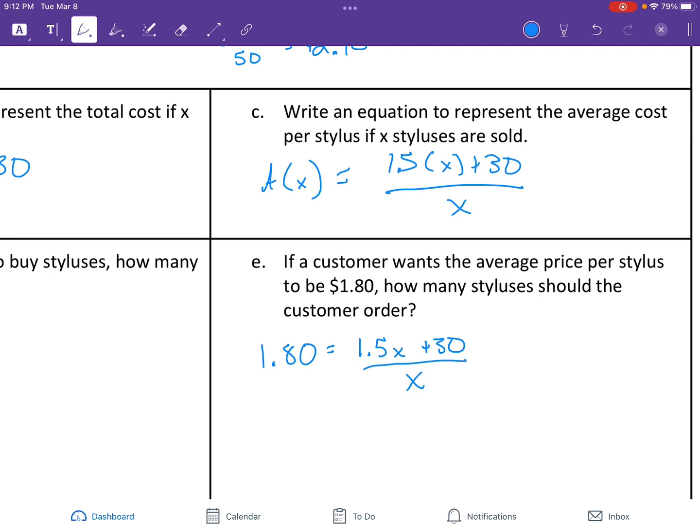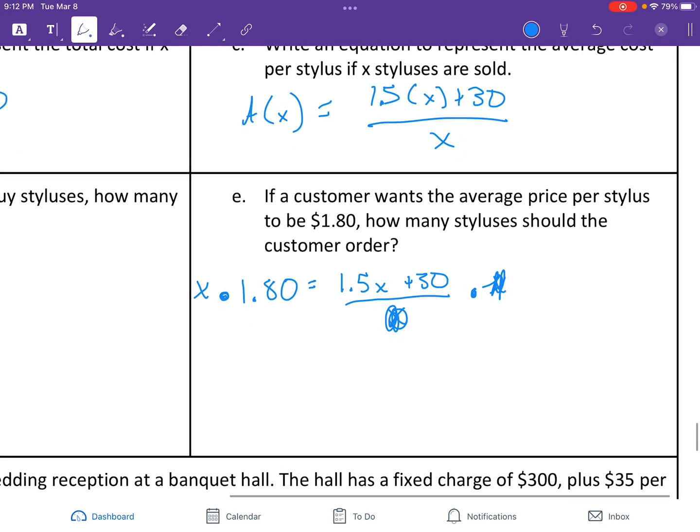Now to solve this, we're going to multiply both sides by the x on the bottom of the fraction. What happens is that cancels out this side and this side. So now we have 1.8x equals 1.5x plus 30.